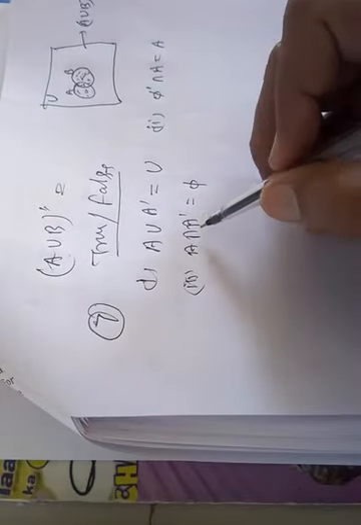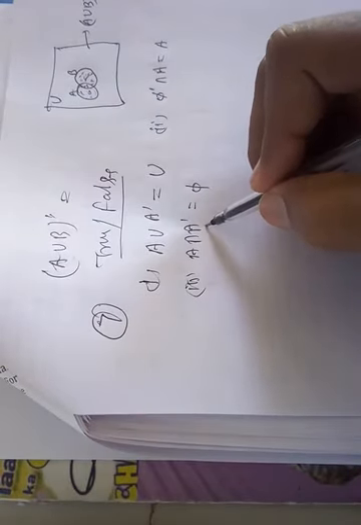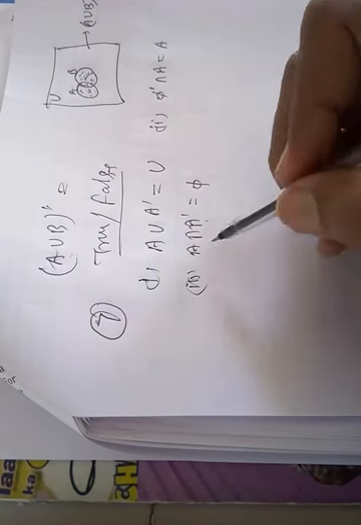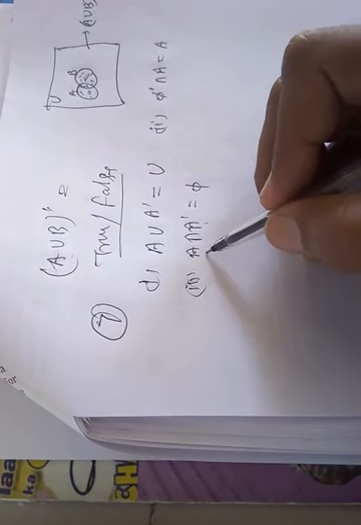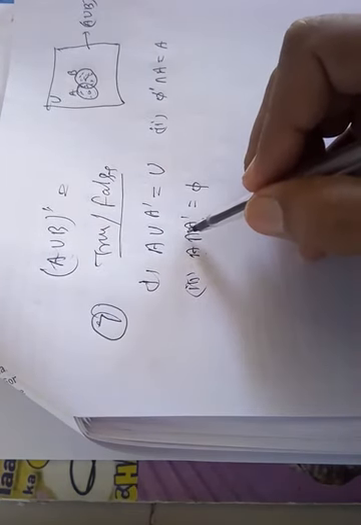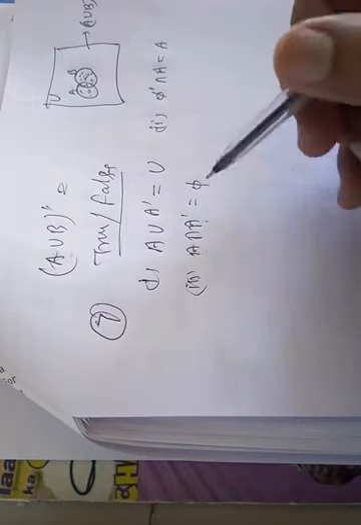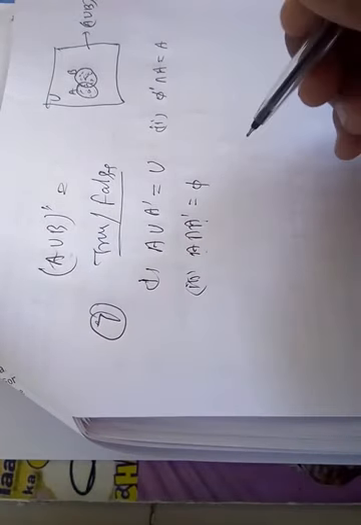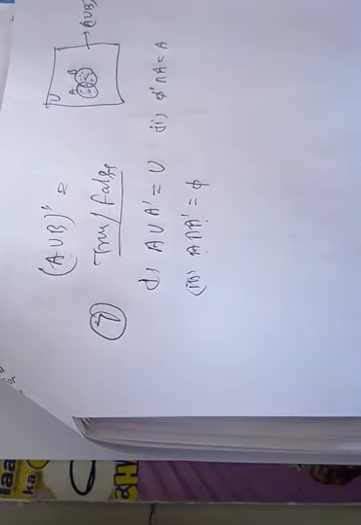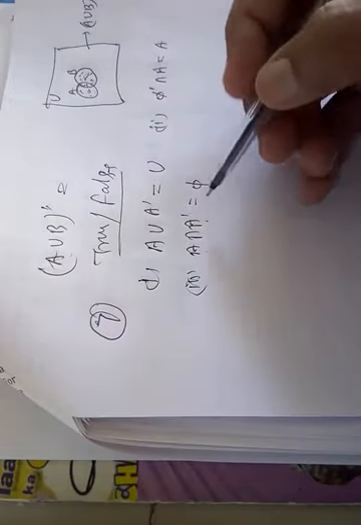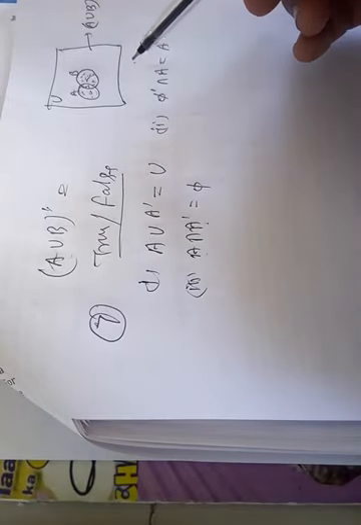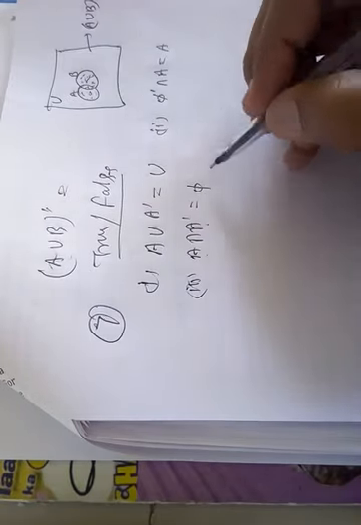Without union, without A element, A set of union, and A without union, A minus A is phi.